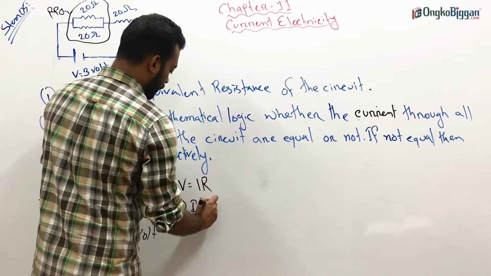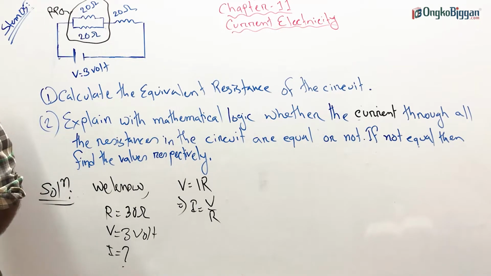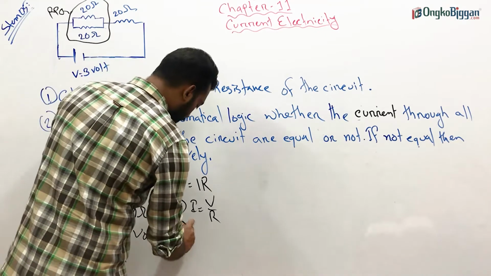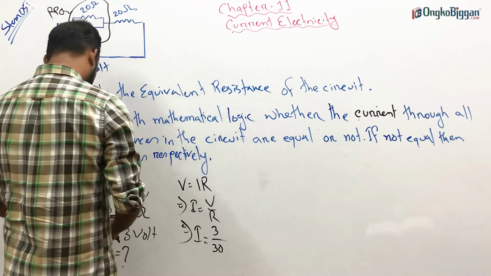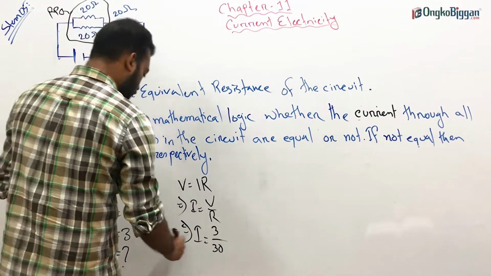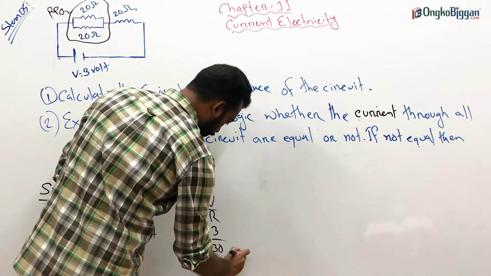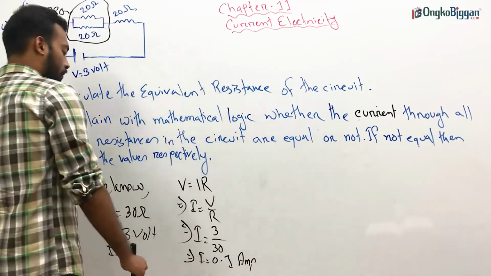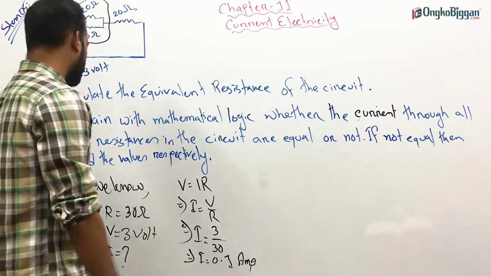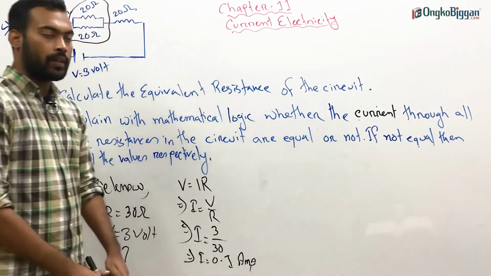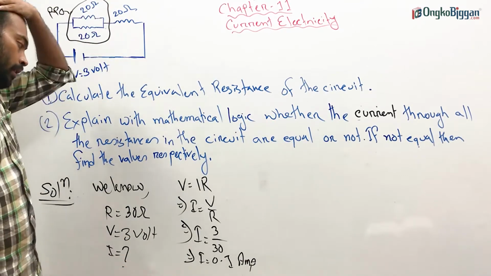So I is equal to V by R. So I is equal to 0.1 ampere. This is the equivalent amount of current in total, the current working within this circuit.